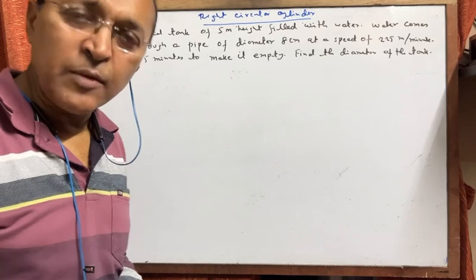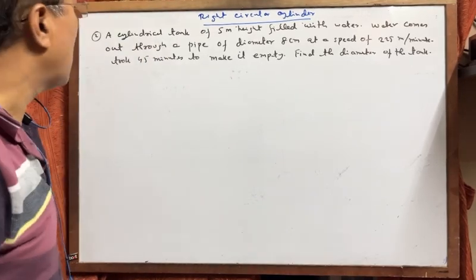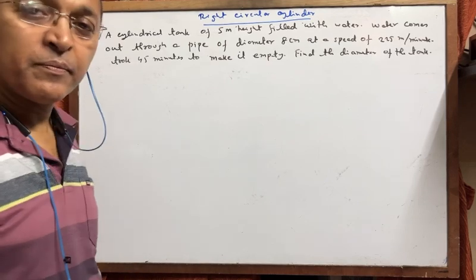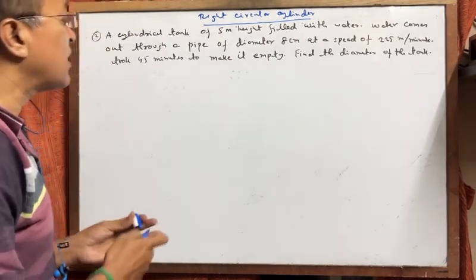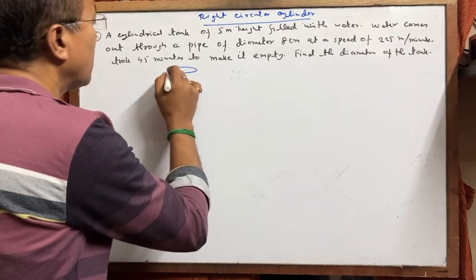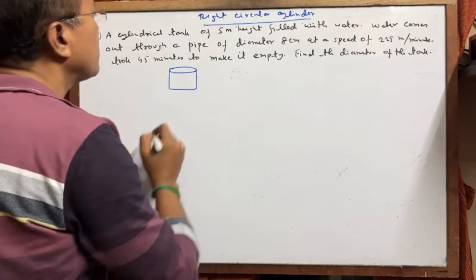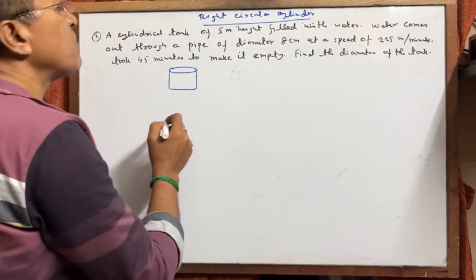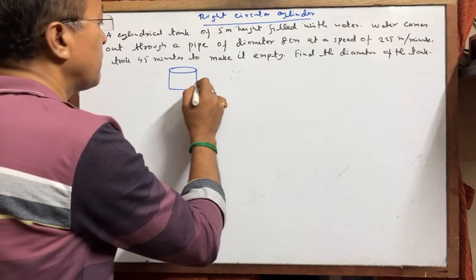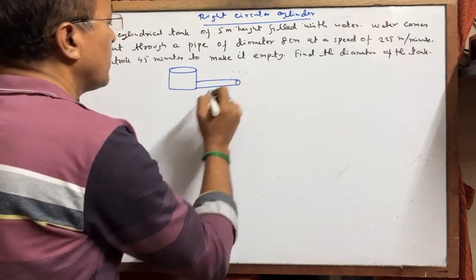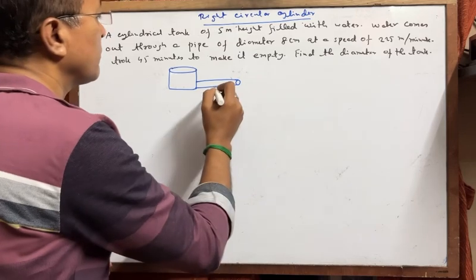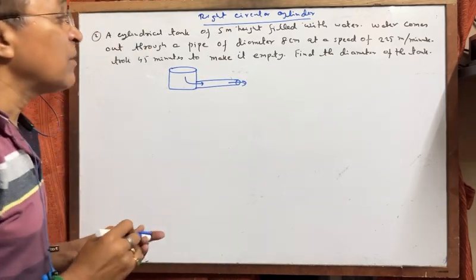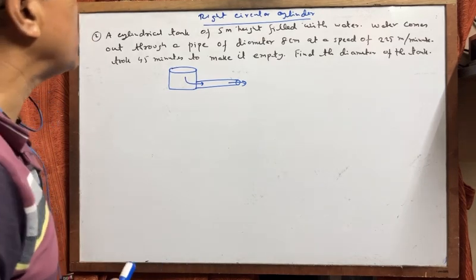Here is another important problem. What is given? A cylindrical tank of 5-meter height filled with water, and water comes out through a pipe of diameter 8 centimeter, at a speed of 225 meter per minute.